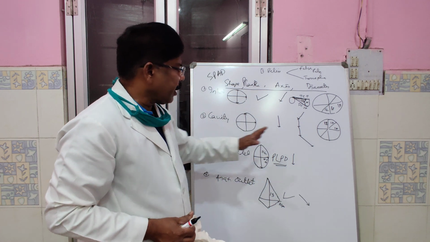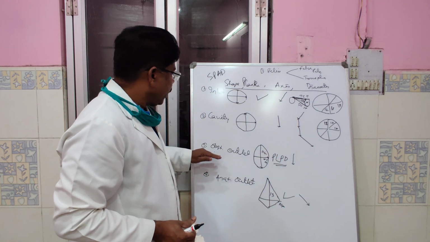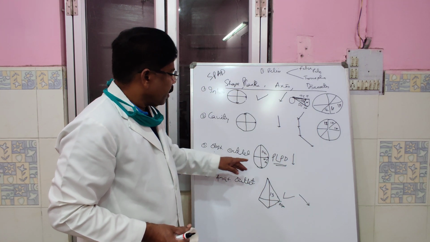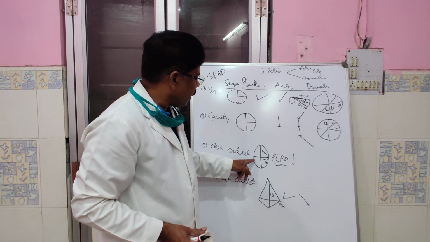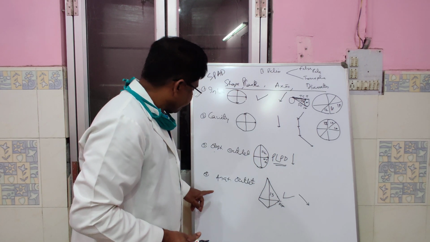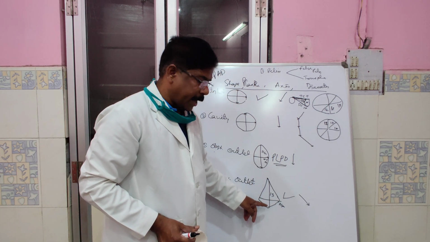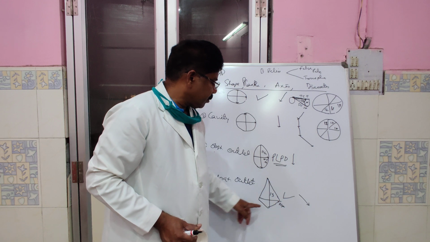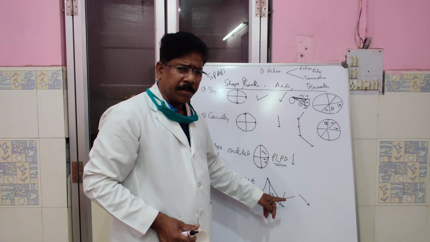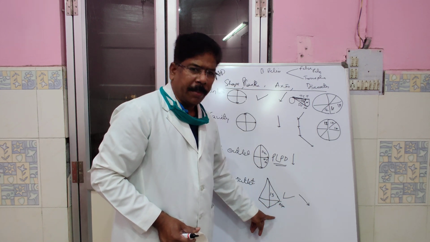Then in the cavity, all the diameters are 12 centimeter. At the obstetrical outlet, the anteroposterior diameter is 11 centimeter and the transverse diameter, the bispinous diameter, is 10.5 centimeter. And at the anatomical outlet, the anteroposterior diameter is 13 centimeter and the transverse diameter, the intertuberous diameter between the ischial tuberosities, is 11 centimeter.